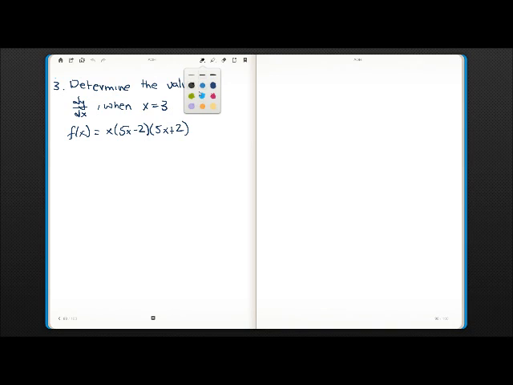You can do this two ways. Again, you can expand it and then take the product rule, or you can take the product rule with three functions. I'm just going to show you both ways. First way, I'll take the product rule of all three functions.